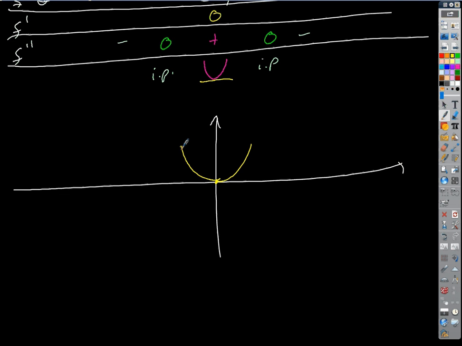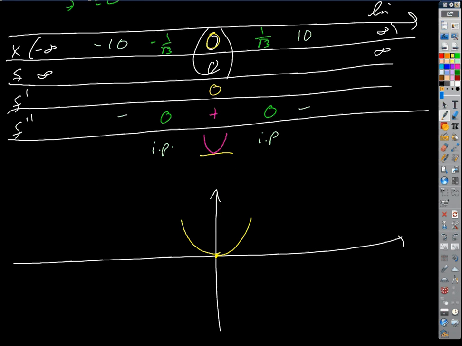And then, what's the function going to do from there? It's got to change concavities, doesn't it? So it's going to go through an inflection point on this side and start leveling out. It's going to go through an inflection point on this side. It never really levels out, it just slows down, right?